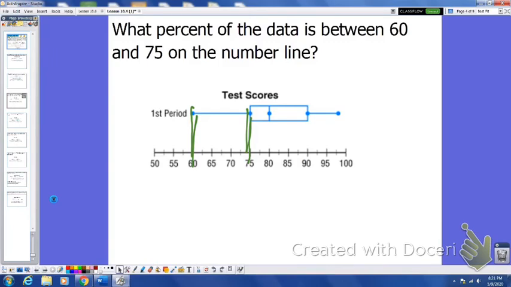We're only looking at one piece, so just from the min to the Q1, so that is 25%. Again, keep in mind, it's not about what percent of the numbers are there. We can't see where our data points fall in between the min and the Q1, so we actually don't know how many data points are there, but we know that 25% of the data points are in that chunk right there.